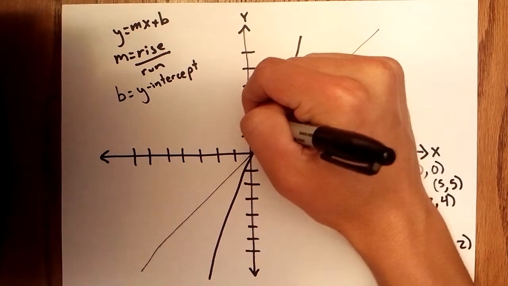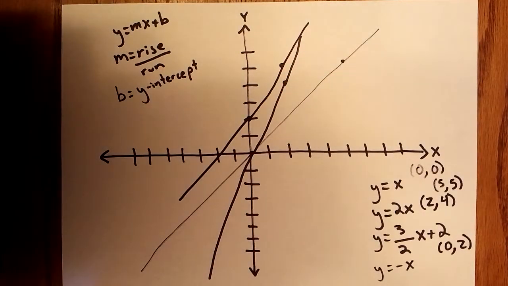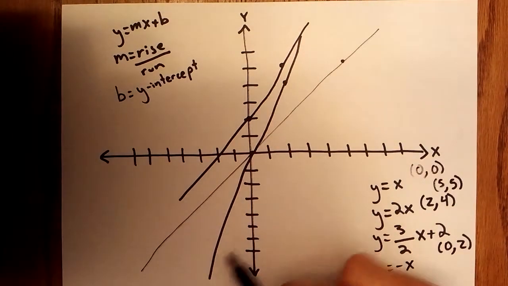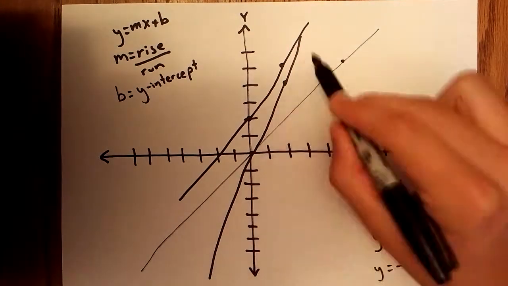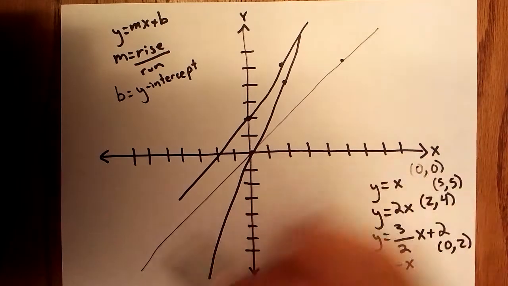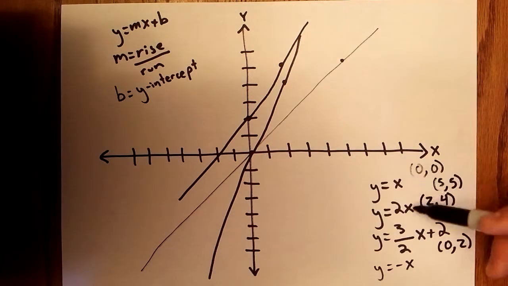So here is this line. I apologize for my poor skills in graphing, but that is the line. You'll notice it is not as steep as the second line I drew, but it is steeper than the first line I drew. That is because it is in between those two values.